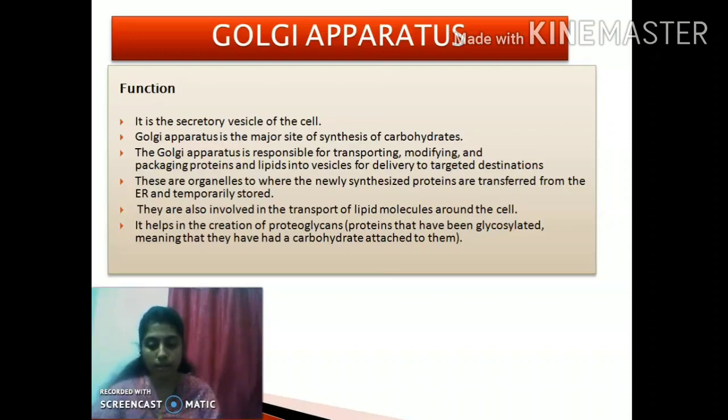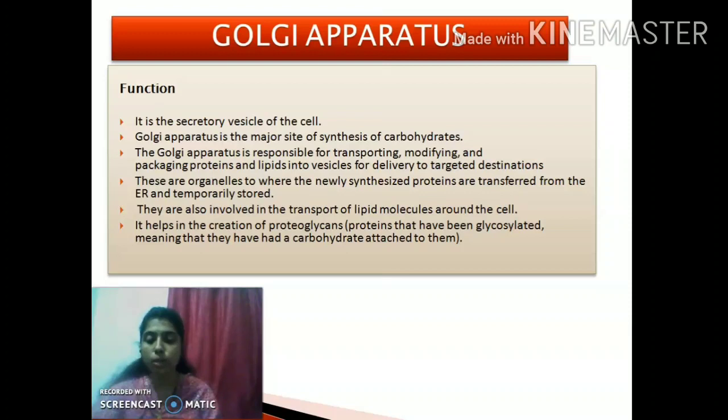That means mainly the RER, the rough endoplasmic reticulum, is responsible for synthesizing proteins. But these proteins are not matured just after their formation. For this they have to be transported inside the Golgi apparatus.